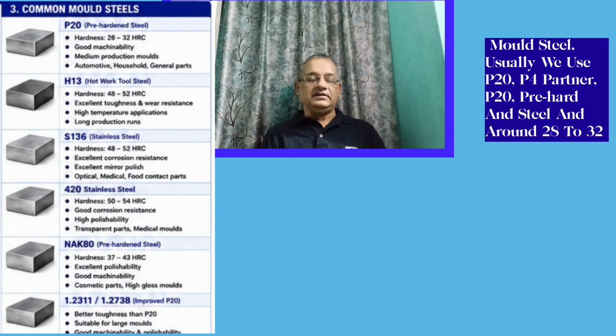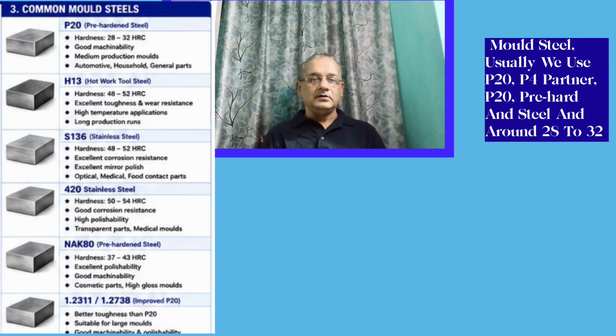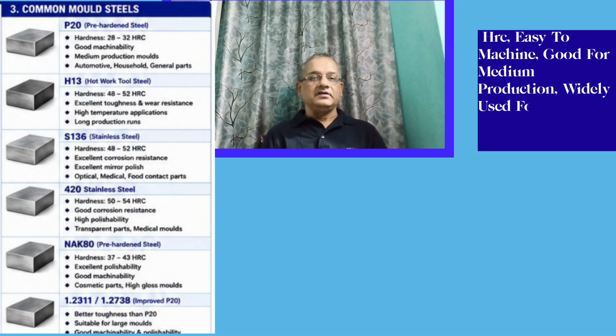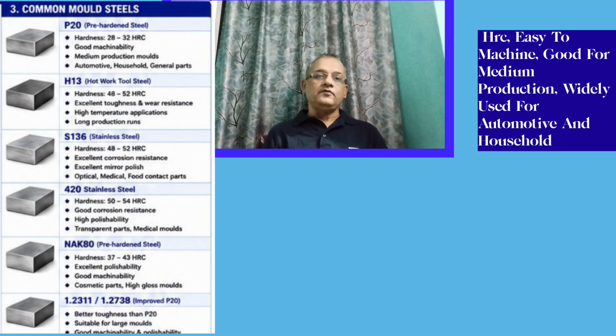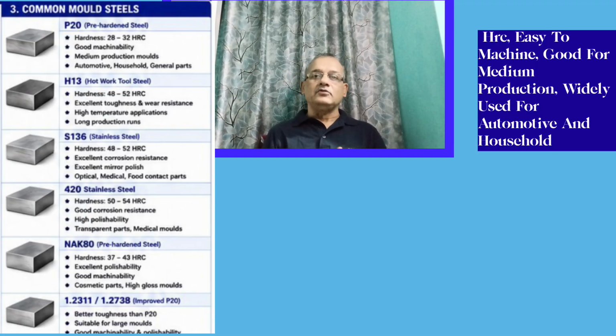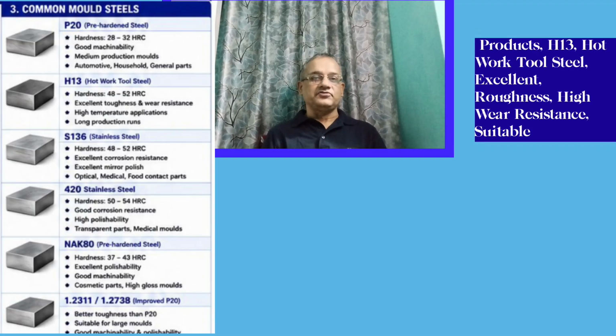Common mold steels. Usually we use P20, P for partner, P20. Pre-hardened steel, around 28 to 32 HRC, easy to machine, good for medium production, widely used for automotive and household products. H13.